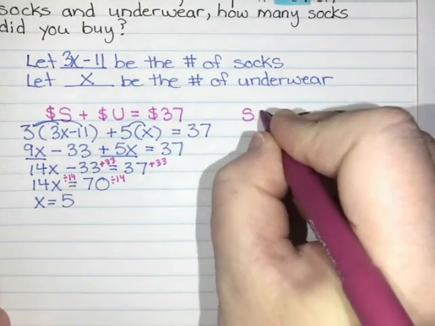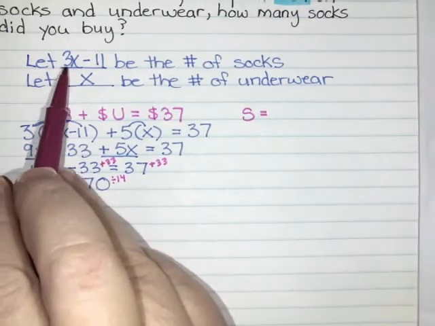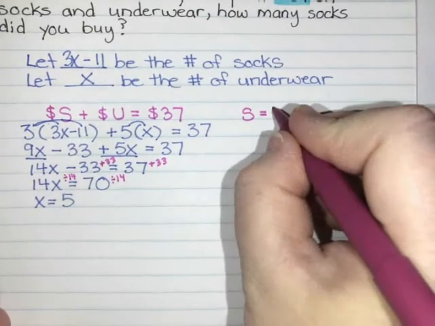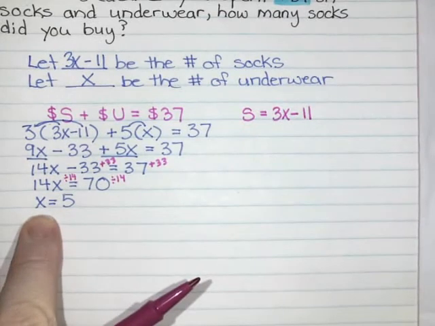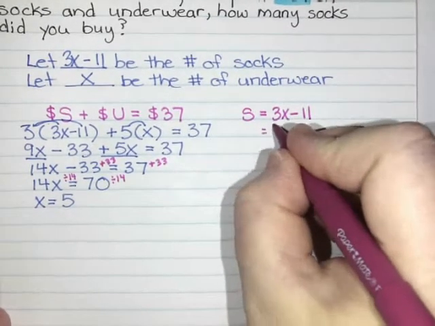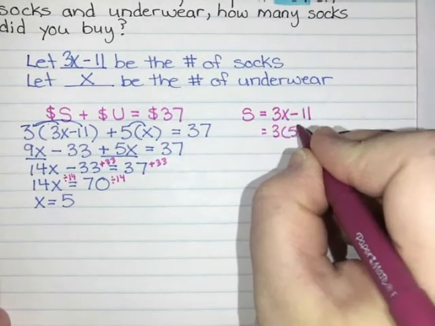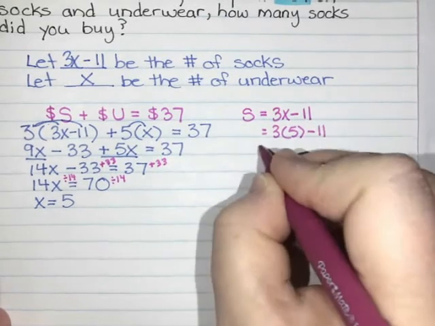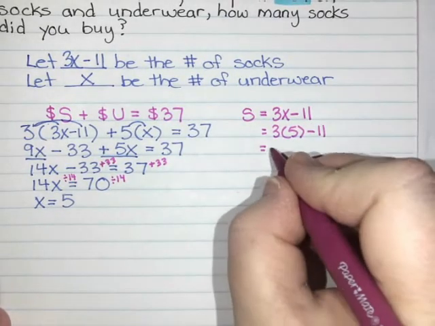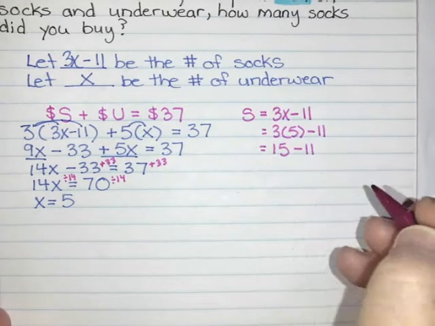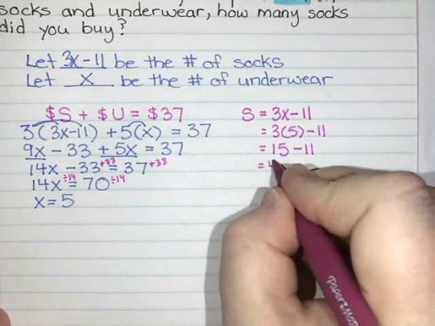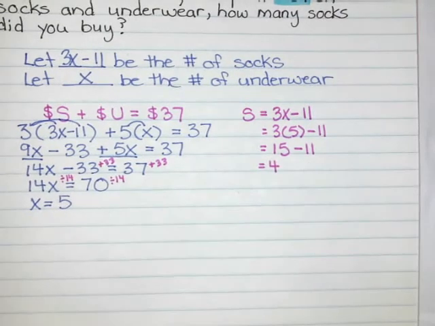The number of socks, according to my let statement, was 3x minus 11. If x equals 5, I'm going to do 3 times 5 minus 11. 3 times 5 is 15. 15 take away 11 is 4. So there were 4 socks.